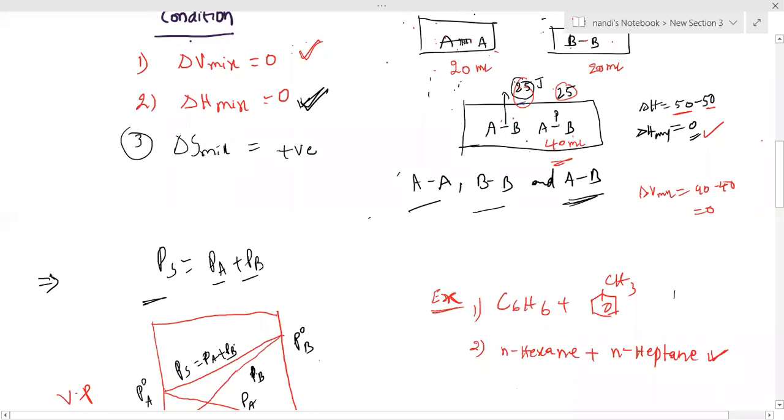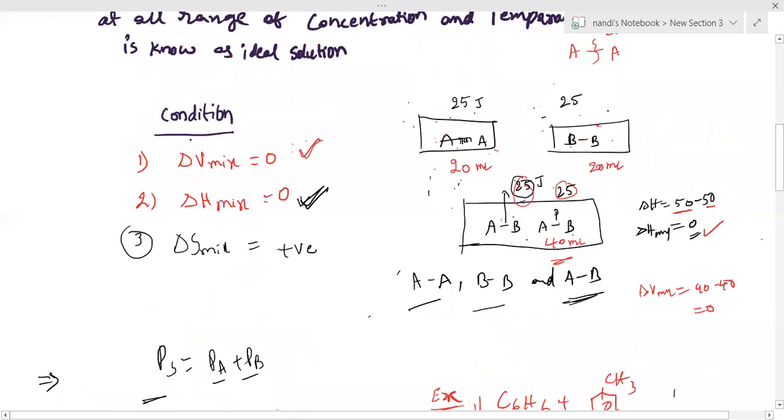When randomness increases, disorderness increases, nothing but entropy increases. Let's see how we explain that. Assume A is roaming within 20 ml, so its randomness permits only 20 ml. B also roams within 20 ml. But when A and B are mixed, they roam within 40 ml. So we get more disorderness in 40 ml.